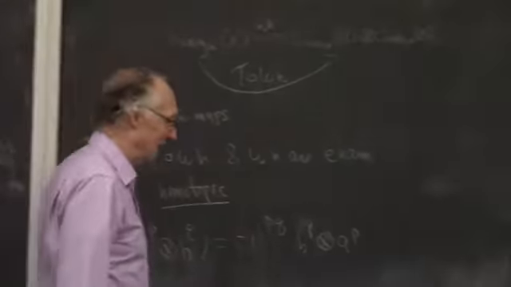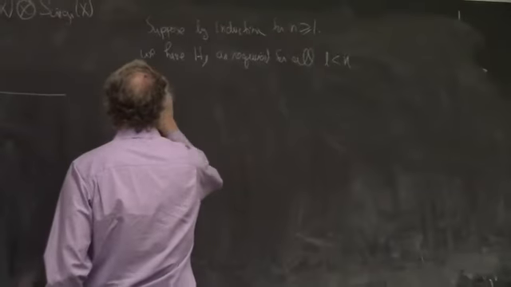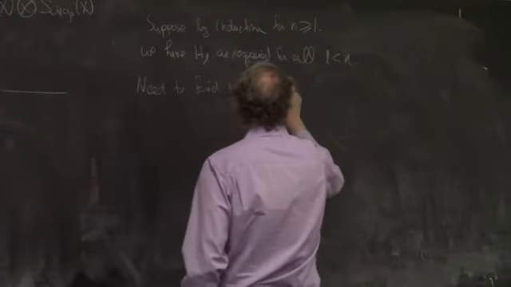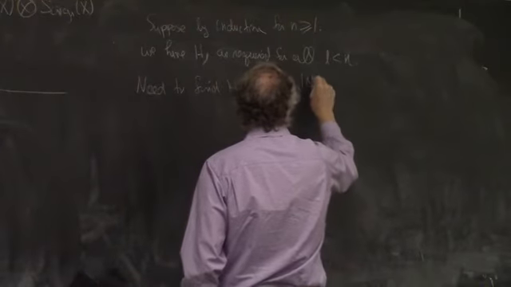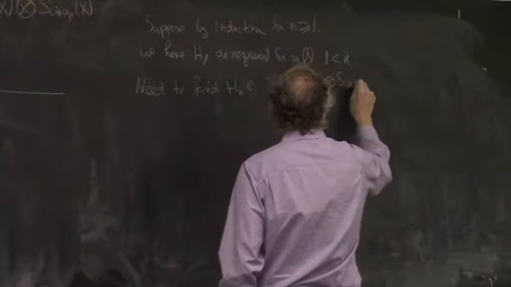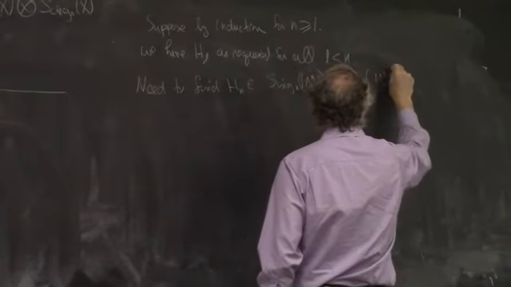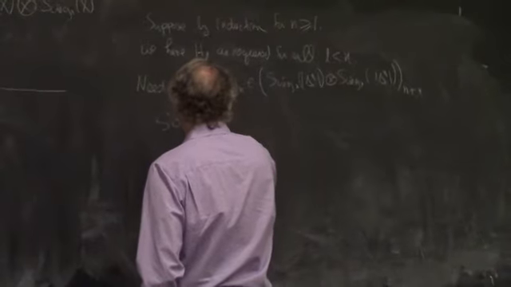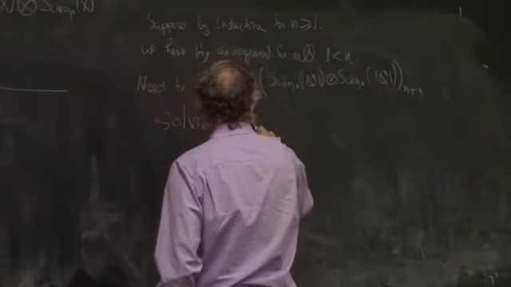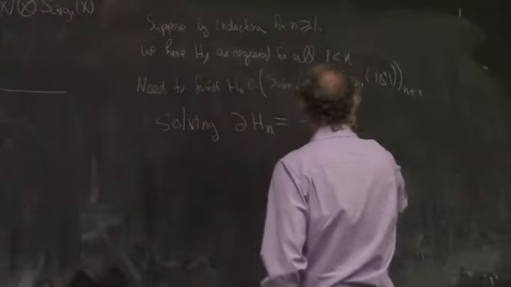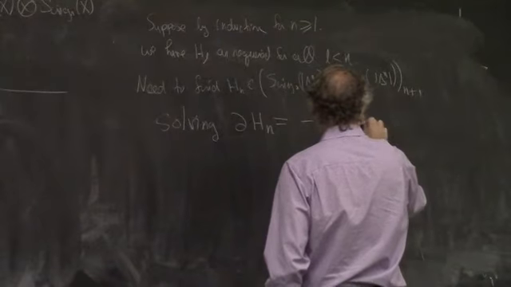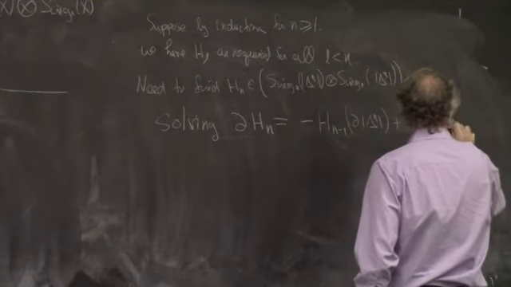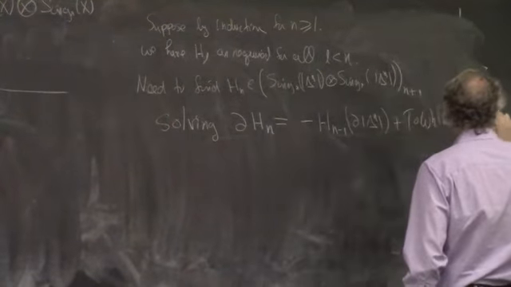I need to find an H_n in degree n+1, solving the equation: boundary of H_n is equal to minus H_{n-1} of boundary of delta n, plus T composed with Whitney of delta n minus Whitney of delta n.